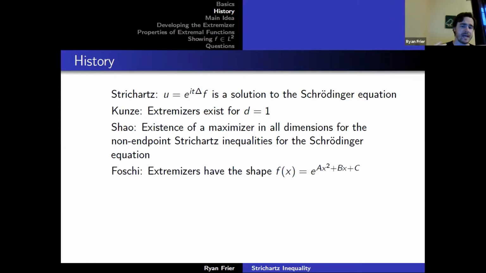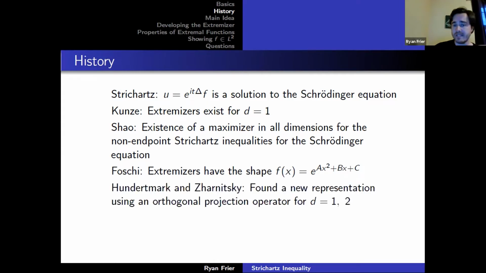Foschi showed that they have this Gaussian shape. Now we're also going to show that they have this Gaussian shape, but we're going to provide an alternative proof of this. Hundertmark and Zharnitsky found a new representation, and they used an orthogonal projection operator to do this, specifically in dimension d equals 1 and 2.